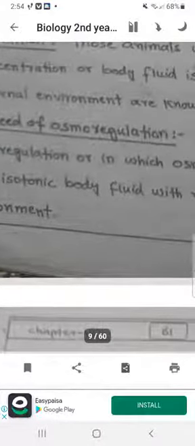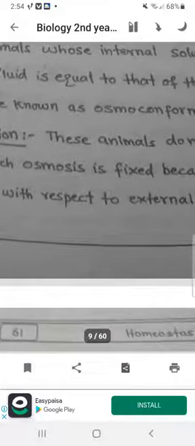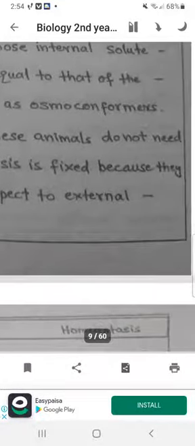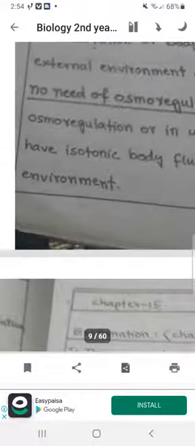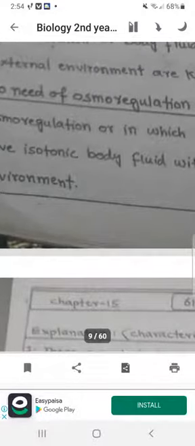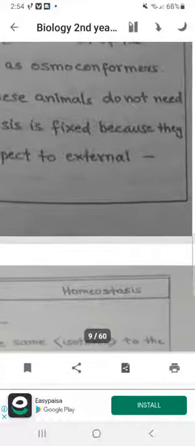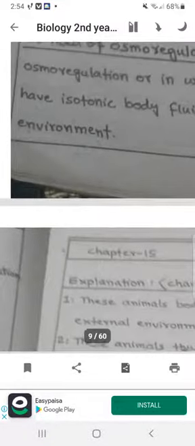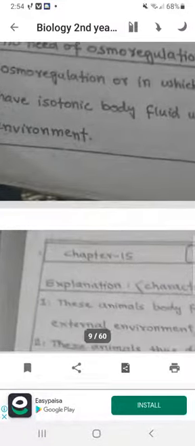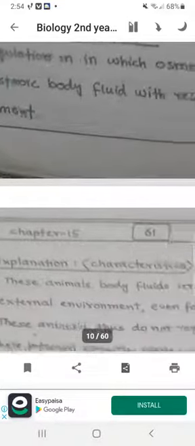No need of osmoregulation. These animals do not need osmoregulation because they have isotonic body fluid with respect to the external environment.